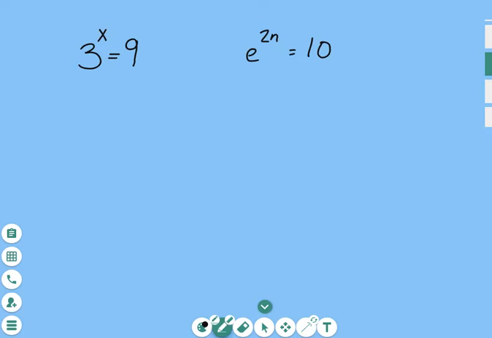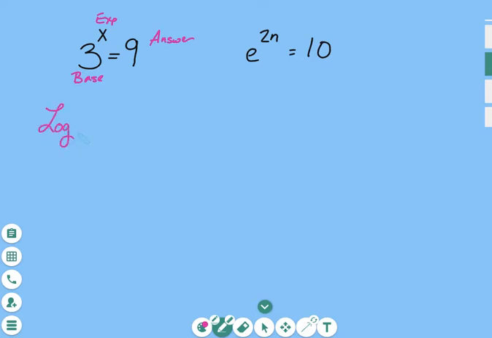So a little bit of background on it is, first of all, a reminder of what a logarithm and an exponential are in terms of each other. So when I have an exponential, we have our base, our exponent, and our answer. Now a logarithm is another way of rewriting the exact same thing.